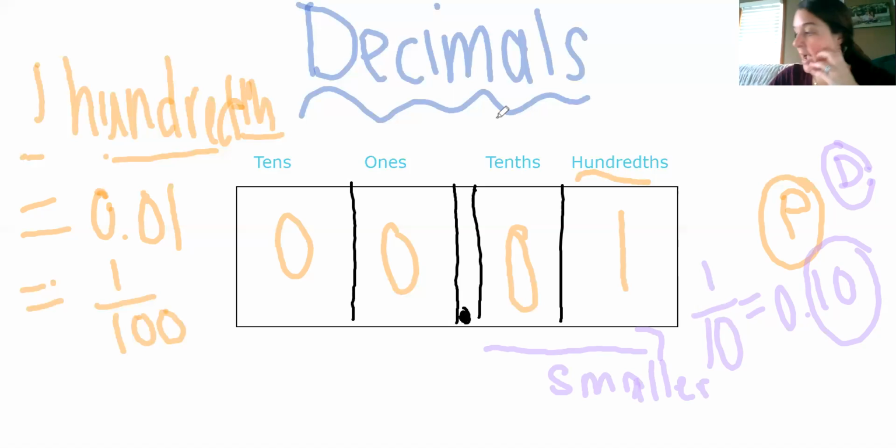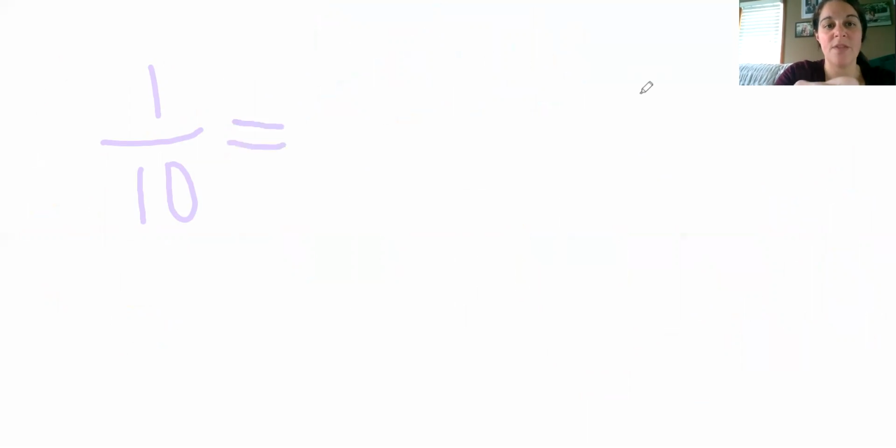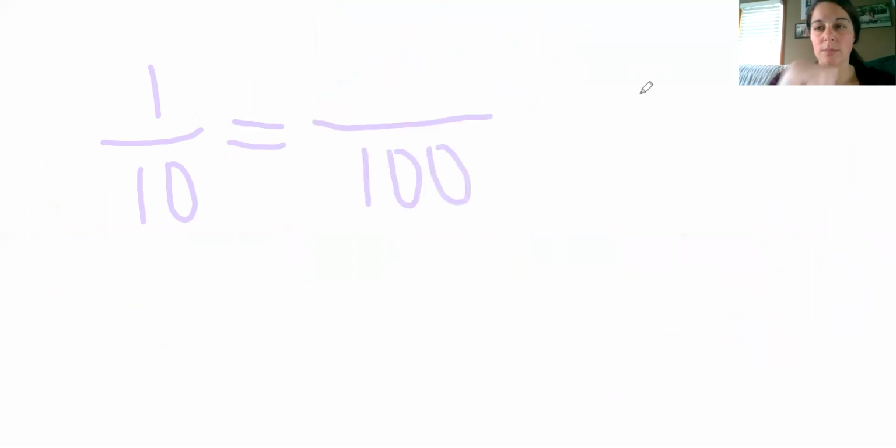All right, so now I do want to move on and show you a quick few things, okay? Let's clear all of this, okay? Now I want to show you something though. So what if I had 1/10? Is there a way that I could use 1/10 and show that 1/10 equals something as 100ths?